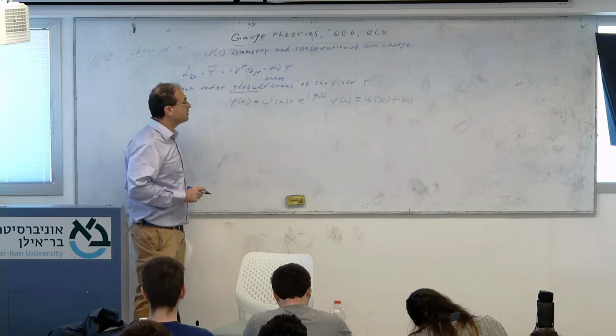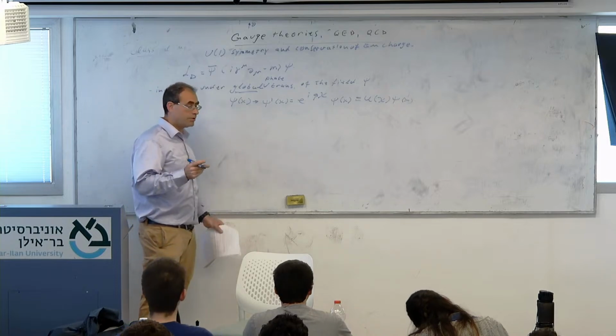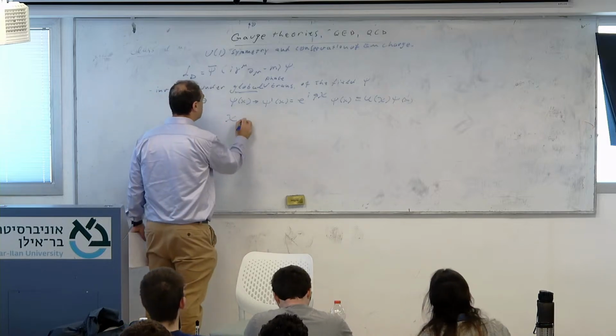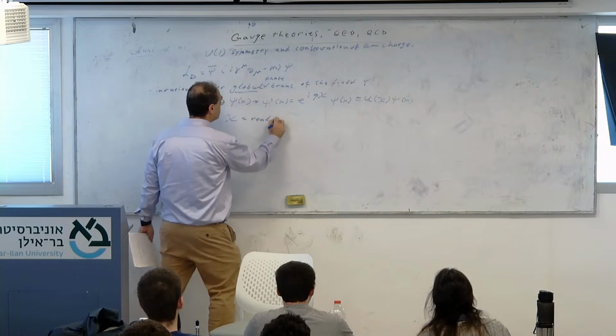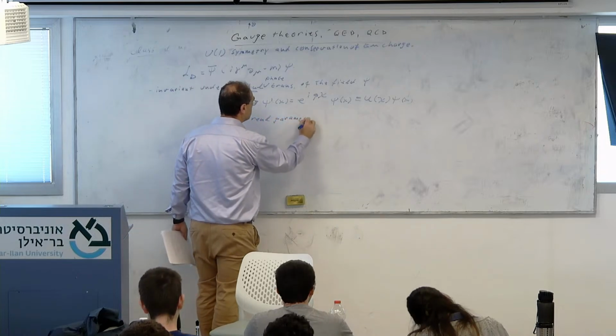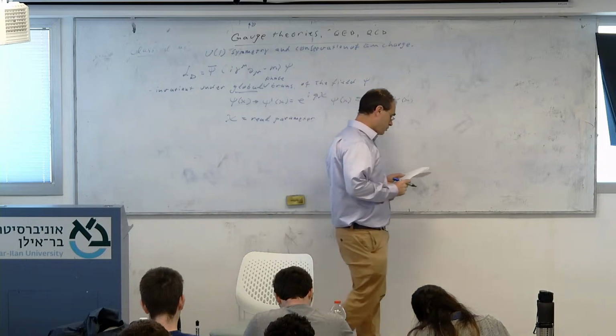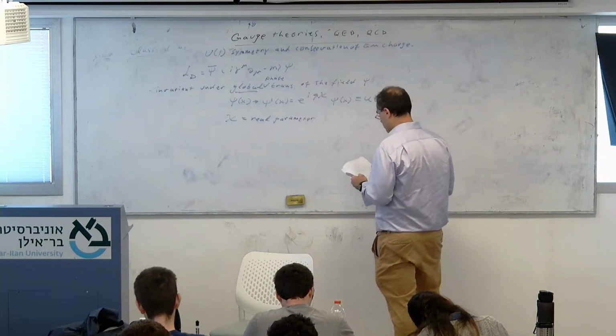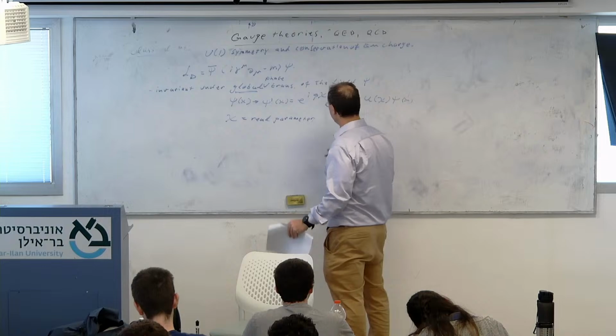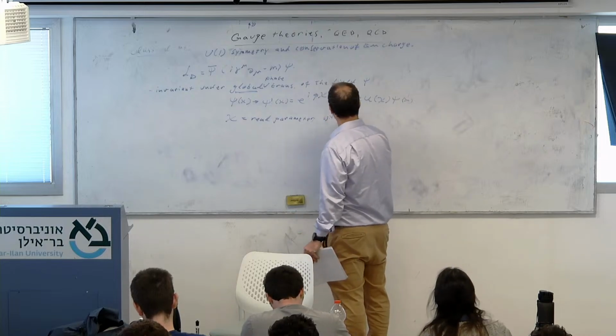Chi is an arbitrary real parameter, with arbitrary value.